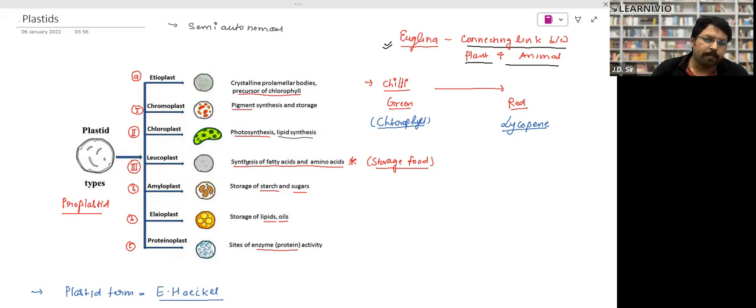Further, the leucoplast can be of three types: amyloplast, elaioplast, and proteinoplast. If leucoplast is storing sugar or starch, that is called amyloplast. If it stores oil or lipid, it is elaioplast. If it stores protein, it is called proteinoplast, right?